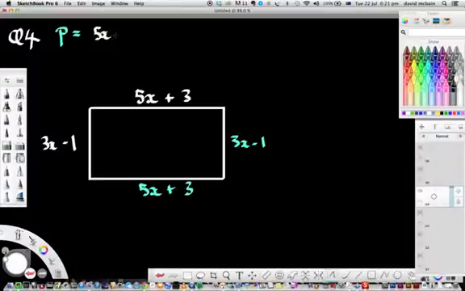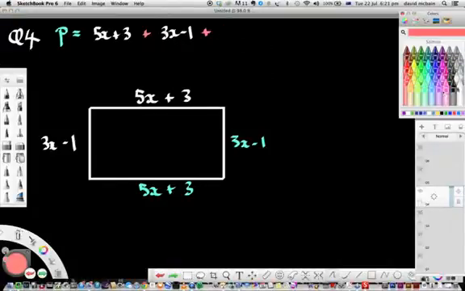So it's going to be 5x plus 3 plus 3x minus 1 plus 5x plus 3 plus 3x minus 1.